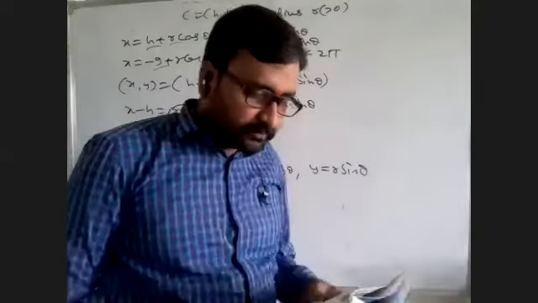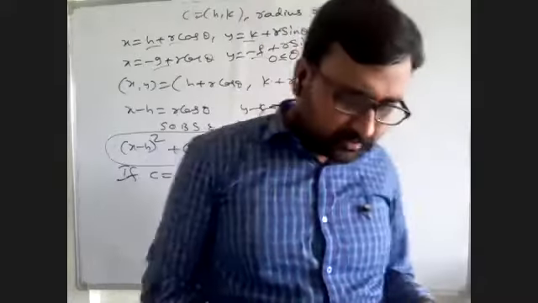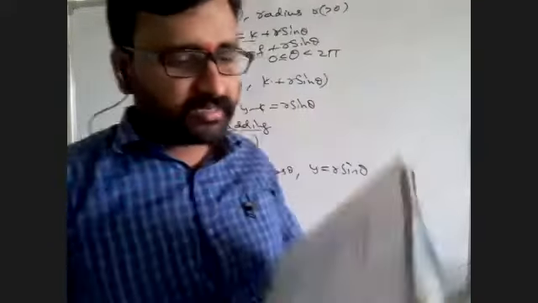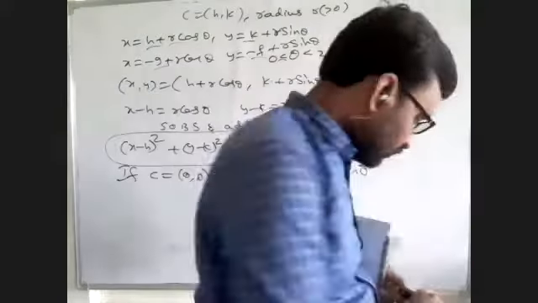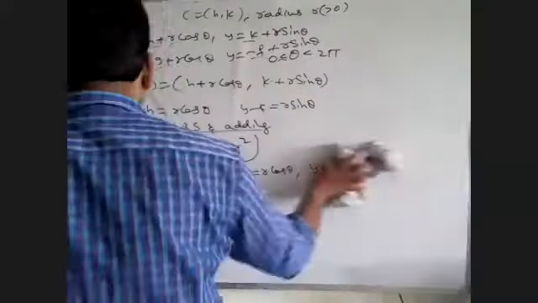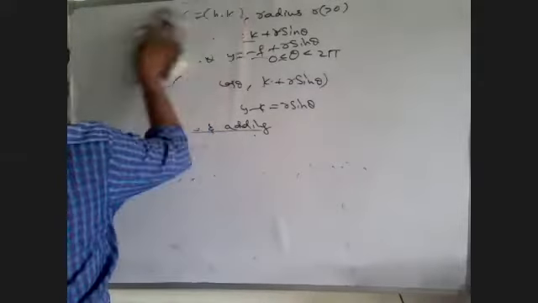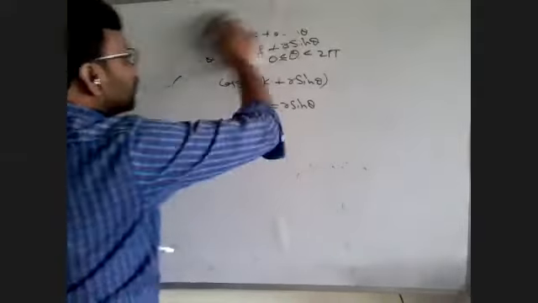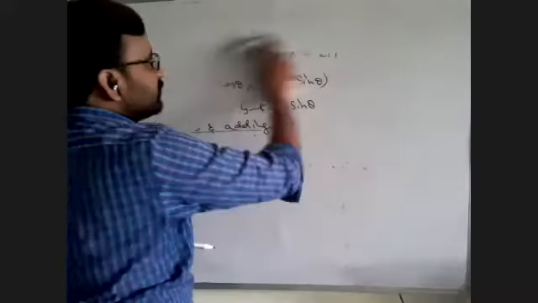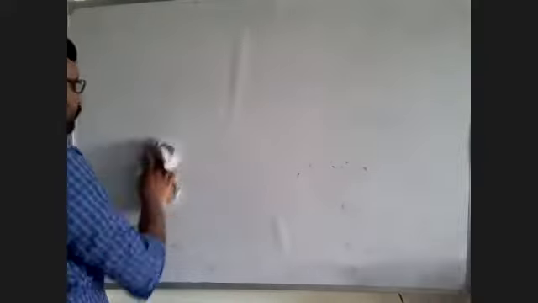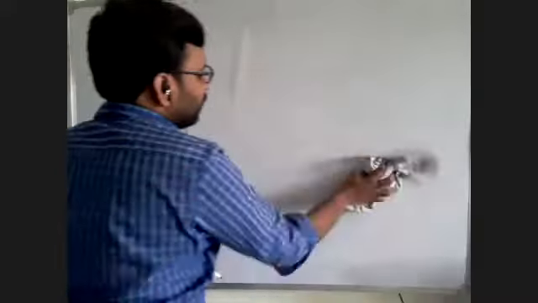Okay. And the equation of the chord joining two points theta 1 and theta 2 on the circle. Equation of chord. Chord means a straight line. You will get the equation in terms of a single variable with power 1, degree 1.